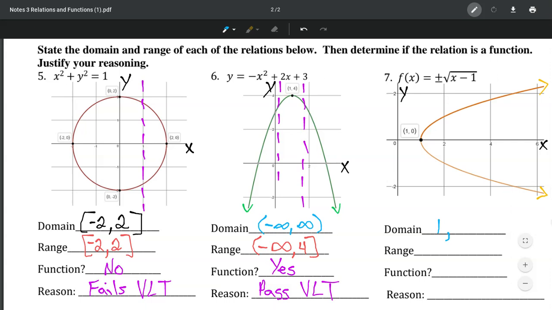And so our highest x value that will ever be used on this parabola is infinity, indicating that this graph goes on to the right forever. And just like before, if we can equal a number, we will put brackets around that. And if we cannot equal a number, we'll put parentheses around that. And infinity is an idea, it's not an exact number, so we can never equal infinity.